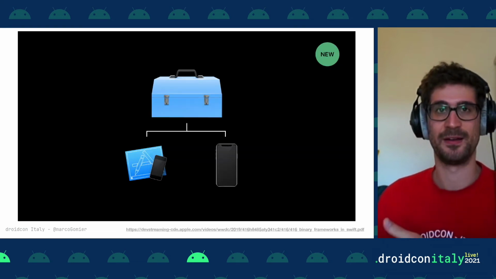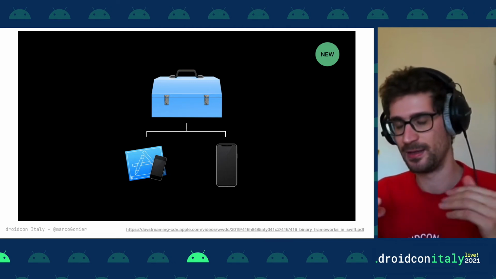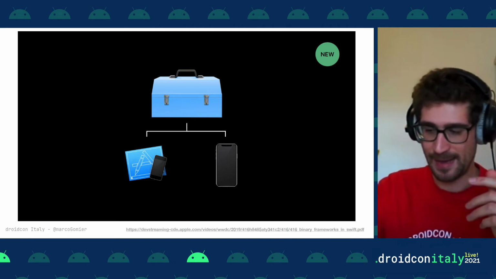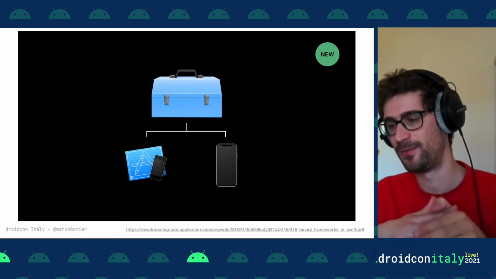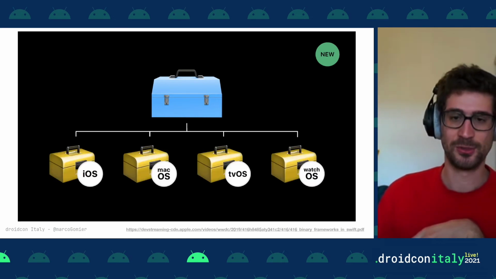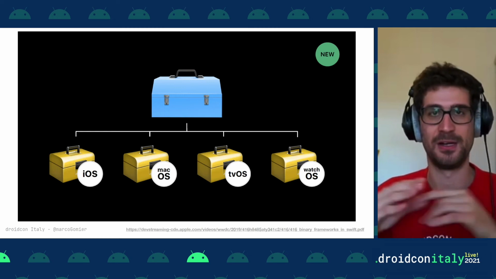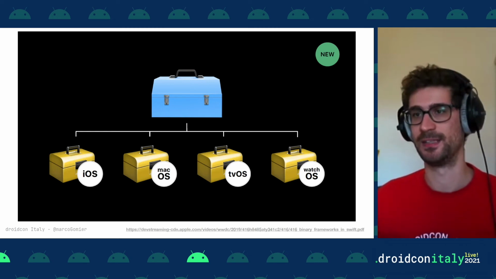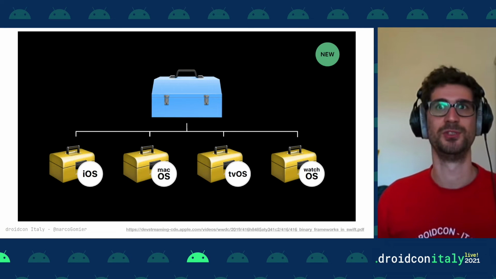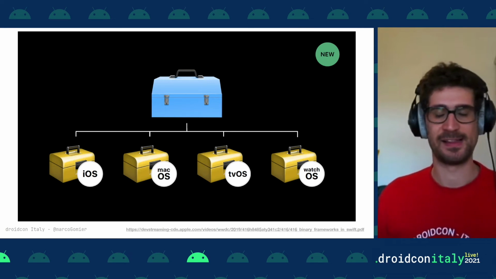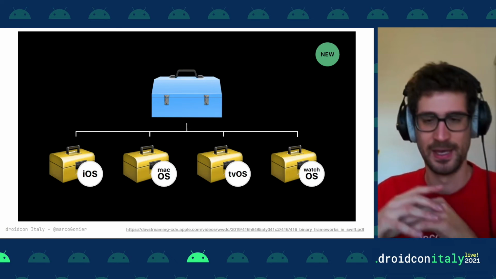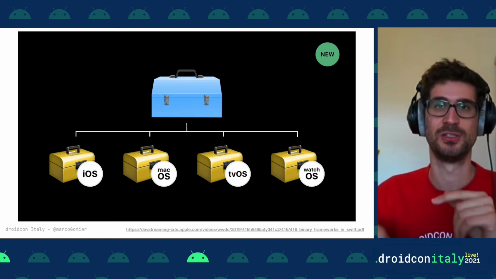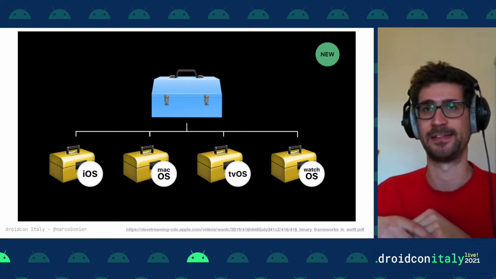In fact, you can wrap together a version for simulators and a version for real devices, but you can also mix together different OS, so you can target everything that Apple has: iOS, macOS, tvOS, and watchOS. And yeah, this was not possible before with the FAT frameworks.